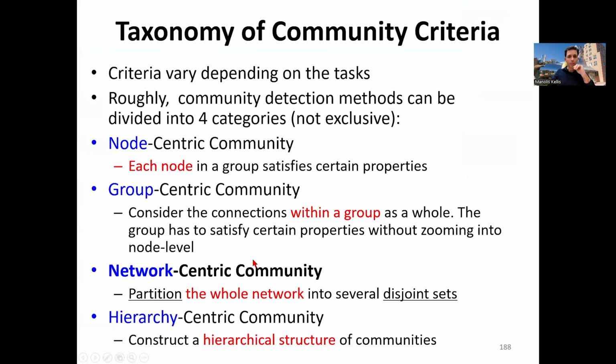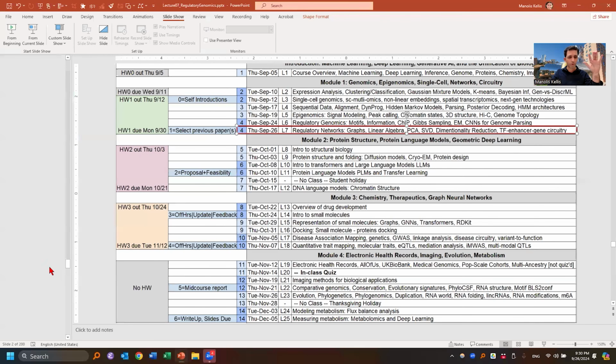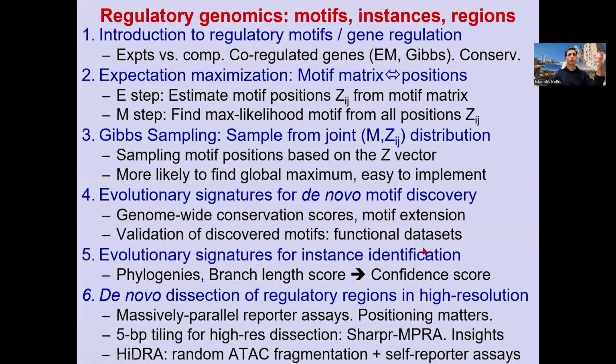Okay? So that's the lecture for today. We first talked about how to infer these networks using the building blocks of the physical motifs that are bound by the regulators, and how we can discover those through either expectation maximization, enrichment, or evolutionary signatures.